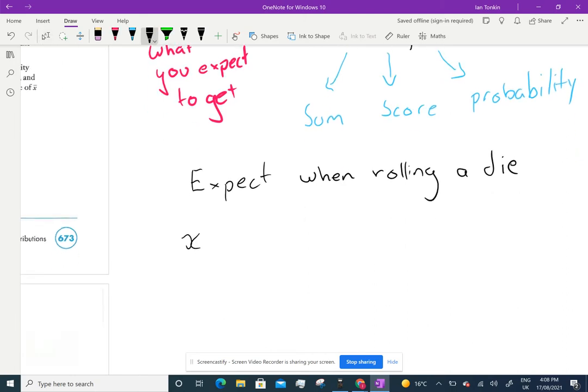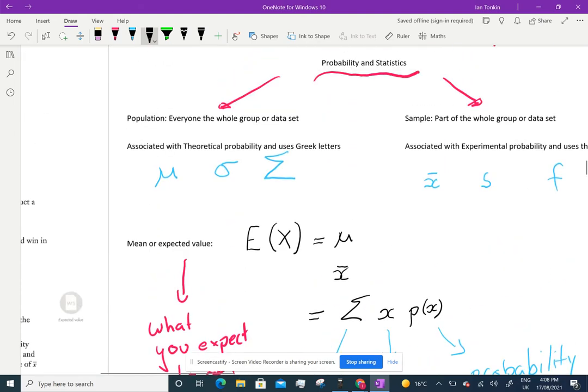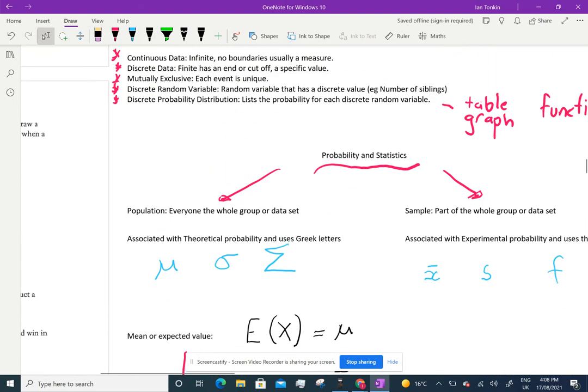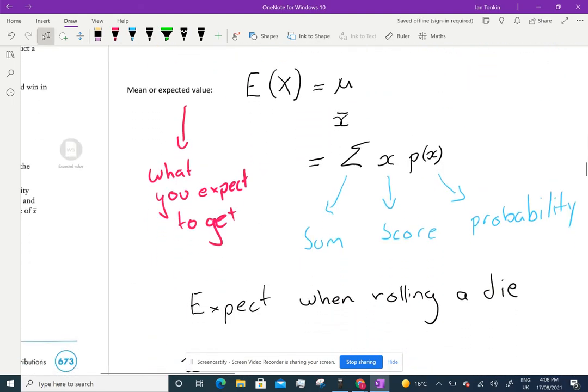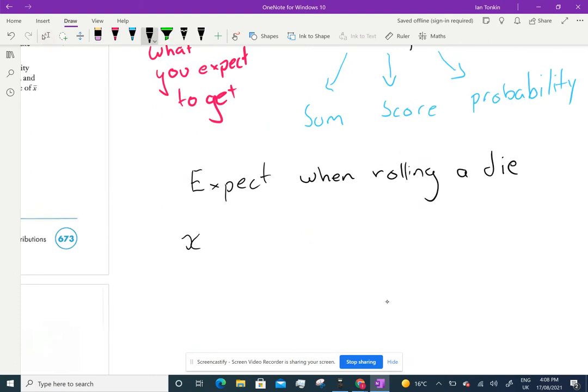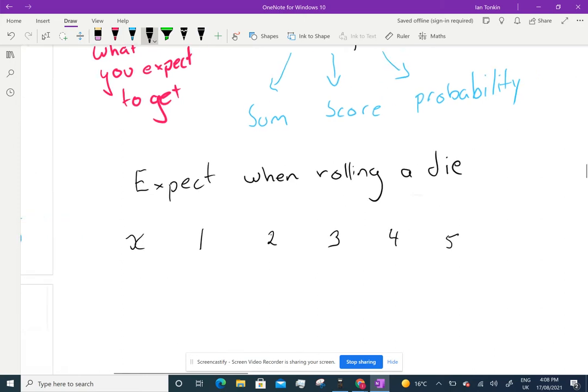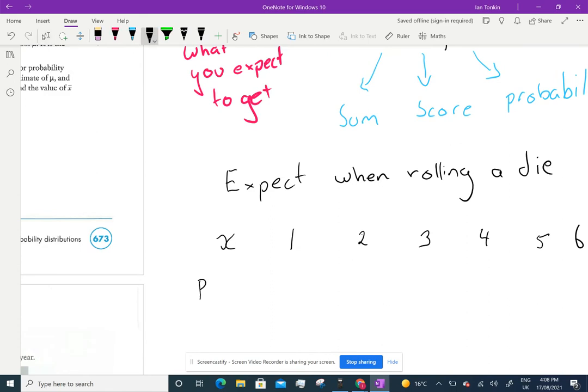Well, it's a discrete probability distribution table. So X, I can get a 1, a 2, a 3, a 4, a 5, or a 6. What's the probability of each of those? Well, it's a uniform probability, and they're all 1 on 6.